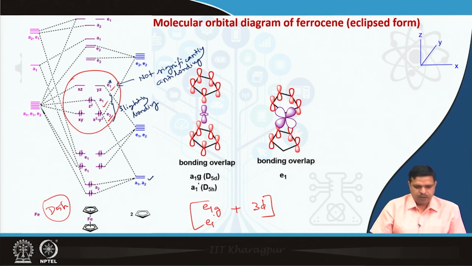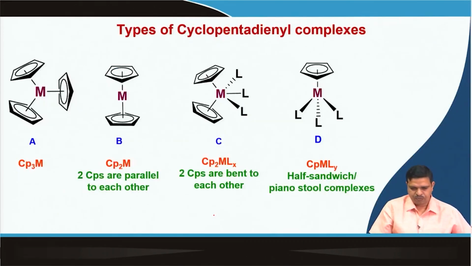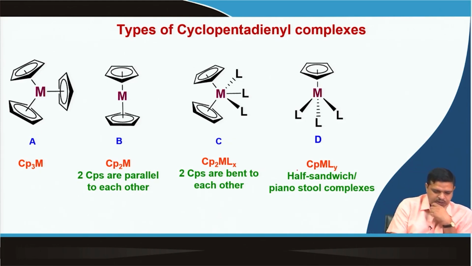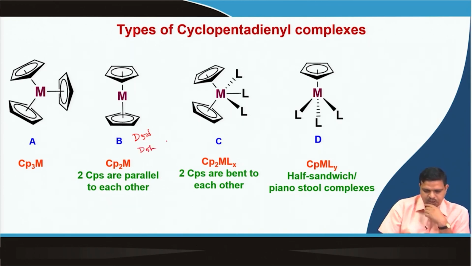Now, we will see what the bent metallocene compounds are and what the difference is from the parallel metallocene compounds. Here you will see this is the ferrocene, this is the staggered, that is the D5d, and if it is eclipsed, then it will of course be D5h.